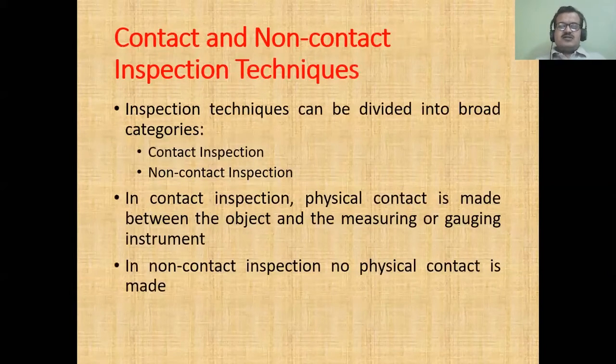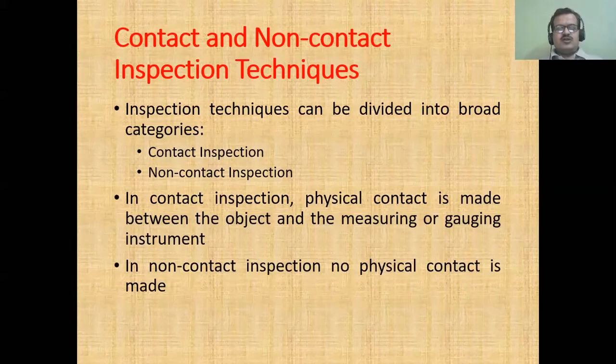Now let us discuss what is contact and non-contact inspection technique. The word itself suggests the difference. Contact means there is physical contact made between the object or the part and the measuring device or the gauge.